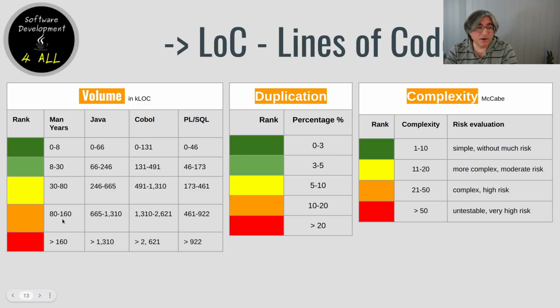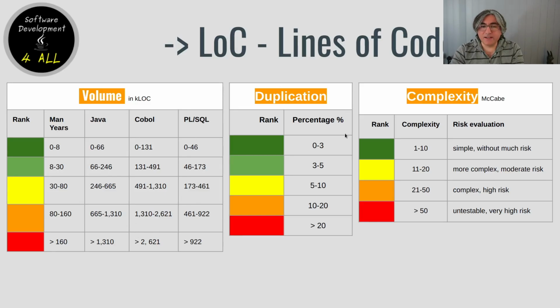When you go above that, then you're in the high risk category, and when you're going above 1.3 million lines of code, then it's basically unstable code, very unstable, very unreliable. Anything could make your life as a developer hard to analyze and to change.